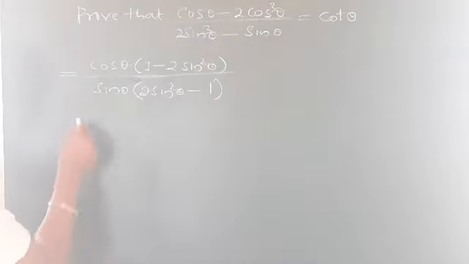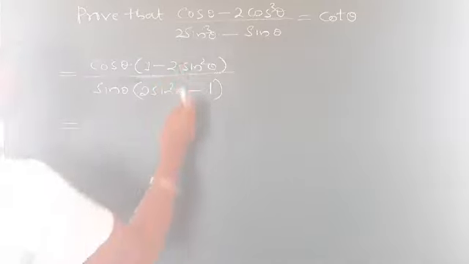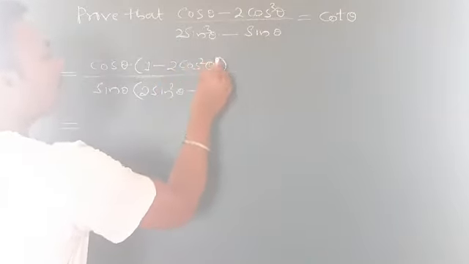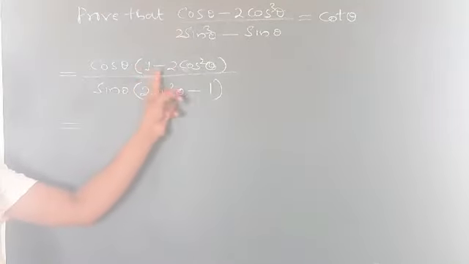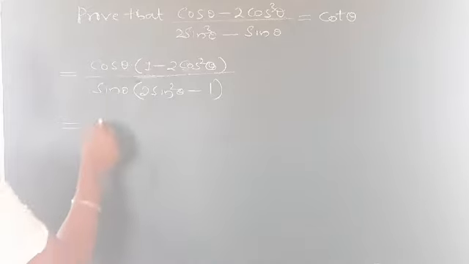Now the next step: we have 1 minus 2 sin square theta. Here, 1 minus cos square theta, and this is cos square theta, so 1 minus 2 cos square theta. Once we have this, we can use the first identity, that is sin square theta plus cos square theta is equal to 1.